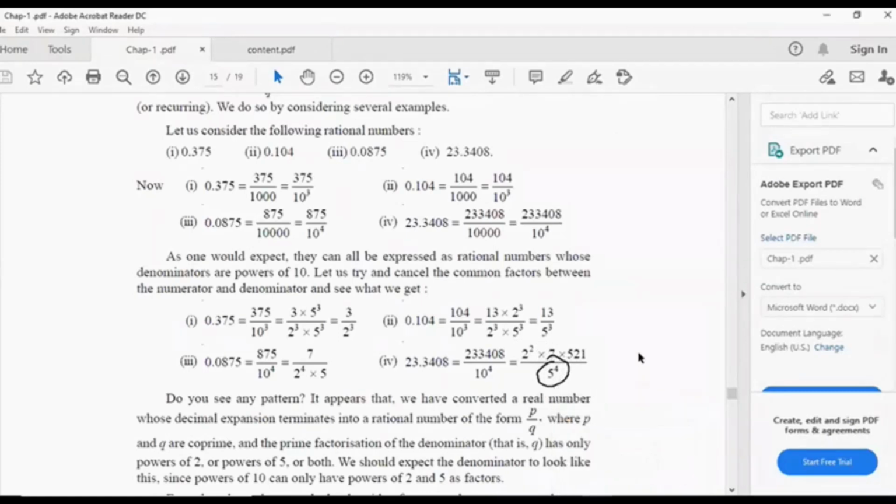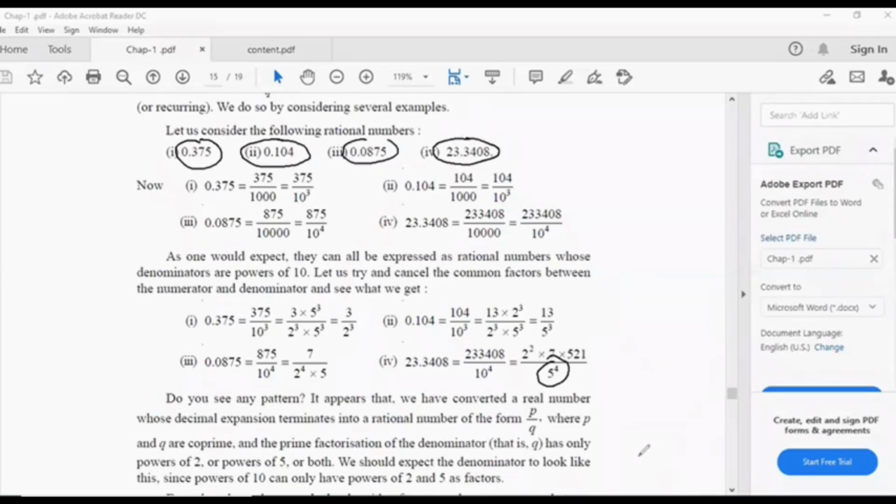Why only 2 and 5? Did you think so? Why only 2 and 5? The idea is, in a simple way we can say, if a decimal form terminates, then those numbers we can express as a fraction with the denominator powers of 10.